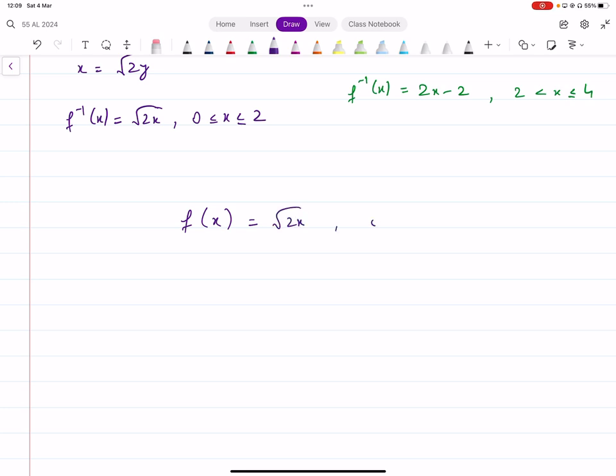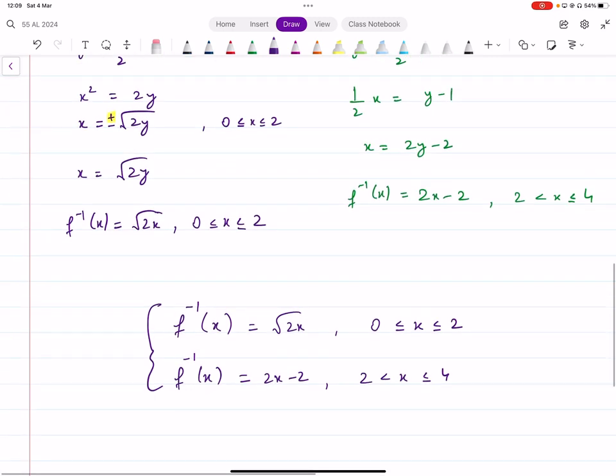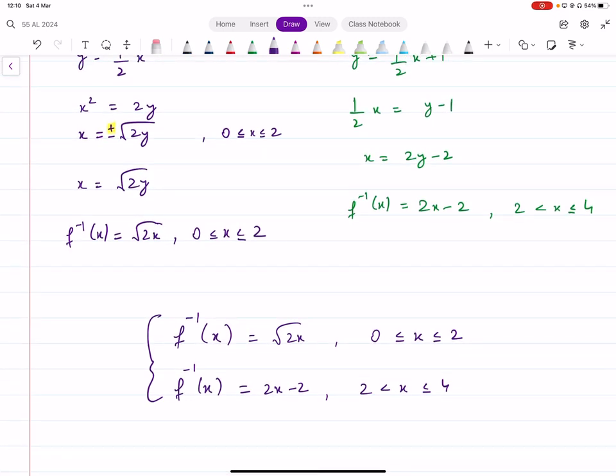This is valid for x between 0 to 2 and then the second part is valid for x between 2 to 4. Sorry, this is inverse, not the original function. It's f inverse of x and f inverse of x. This is your overall inverse function. ये दो parts में इस तरह से. Is that okay? Any questions? No?